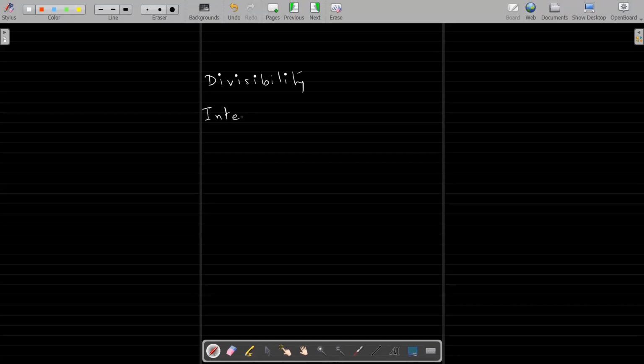We work in the set of integers. What is the set of integers? You can write like yesterday in the chat box, or if you want, you can raise your hand and answer.